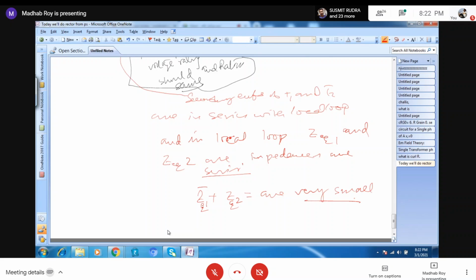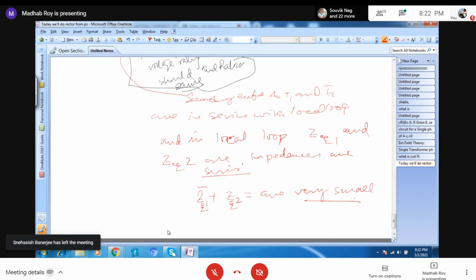So huge current will be flowing into the local loop because the rated voltage is applied across this impedance. Okay, huge current will flow. Huge current will flow. Transformer will burn.